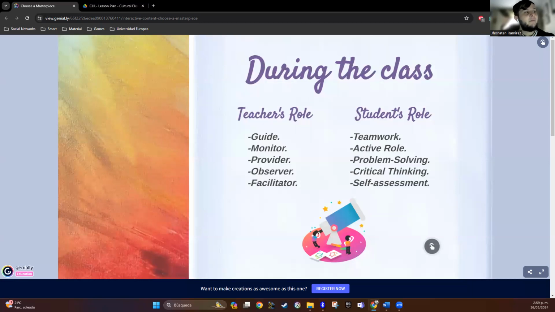And of course, if we are talking about the students' role, students will develop different incredible skills such as teamwork, problem solving, critical thinking, and self-assessment. And they will have an active participation during the class.